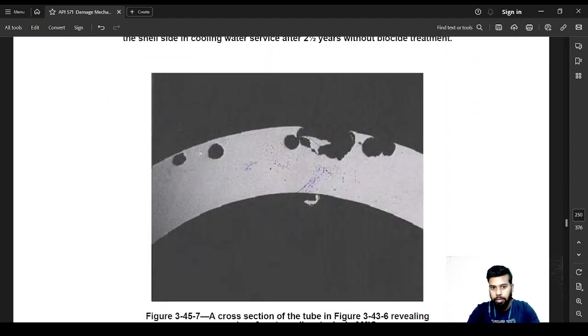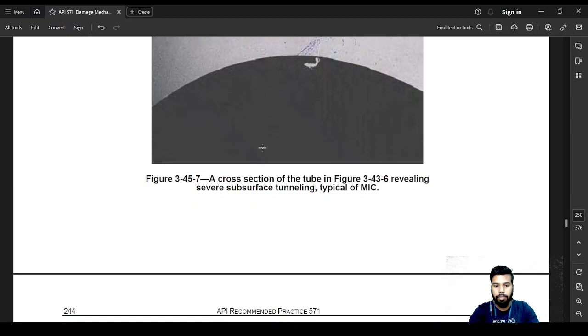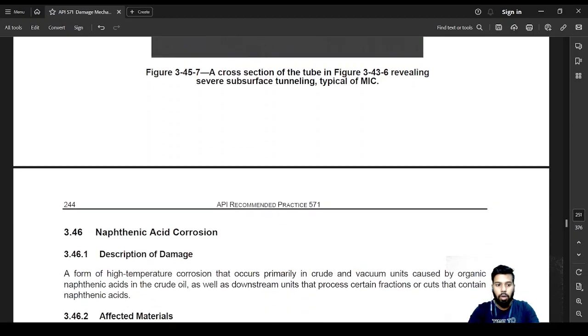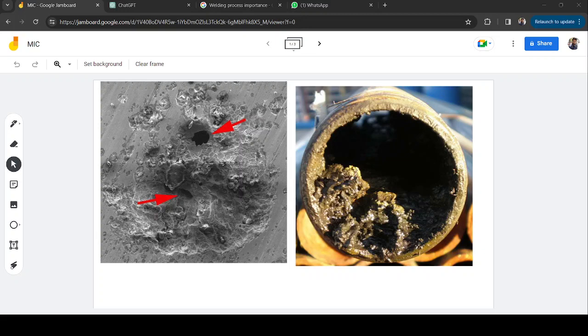Also, you can see that these are pits that have developed.